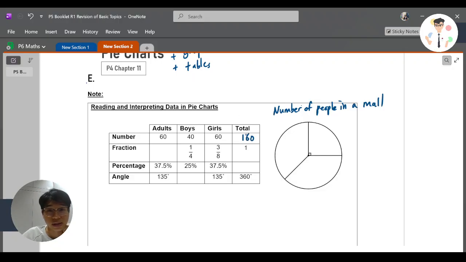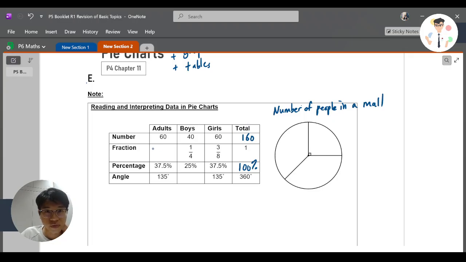And you need to understand that this total usually will be matched with fraction, percentage, and angle in this way. The full fraction will be what? 1 for sure. The percentage total will be 100%. And the angles total will be 360 degrees. So this will be matched with this 160.